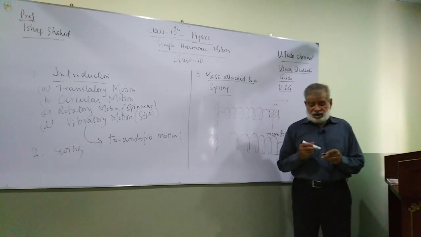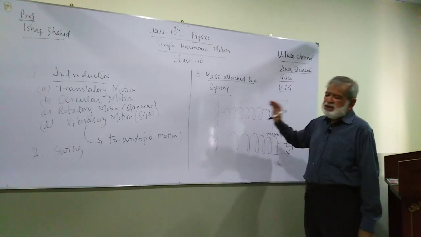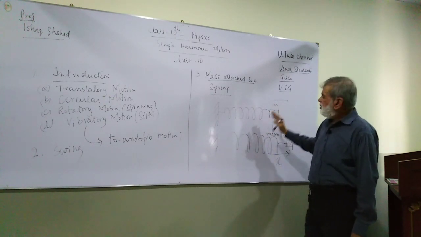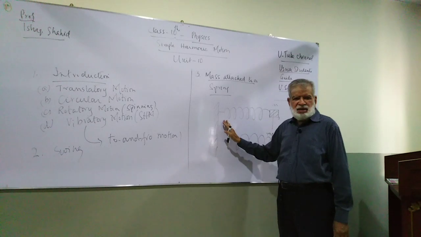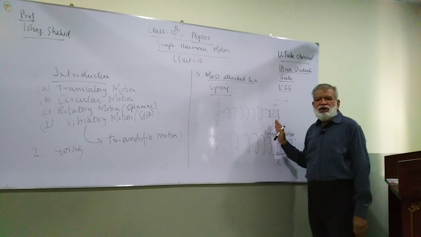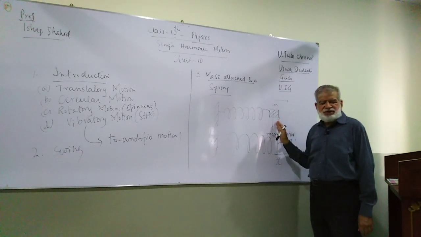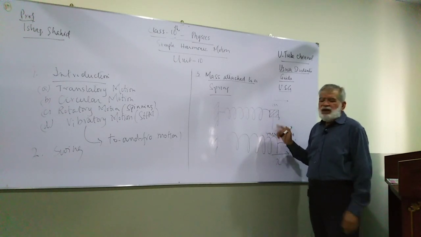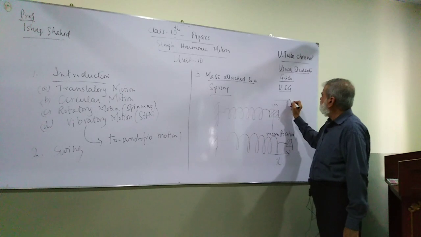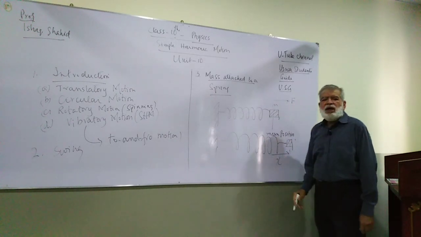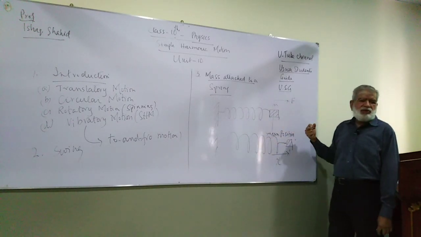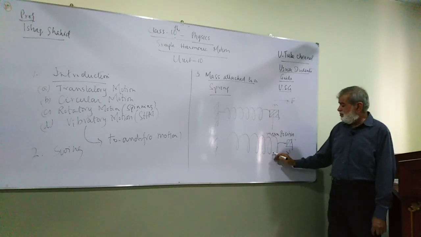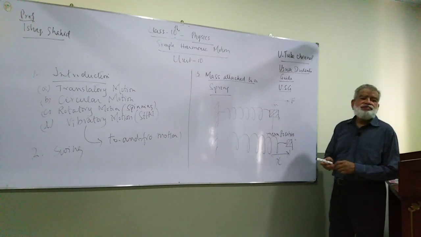Let me explain again. Consider a body of mass M attached to a spring and lying on a horizontal, smooth, frictionless surface at its main position. You apply a force F and pull the spring towards the right through a displacement x.